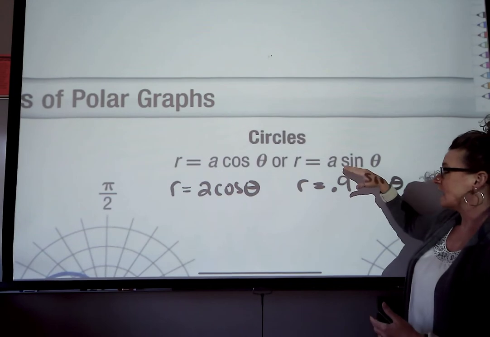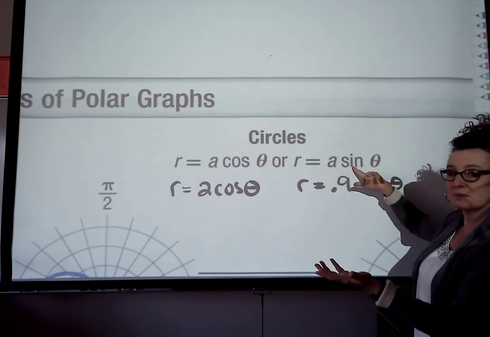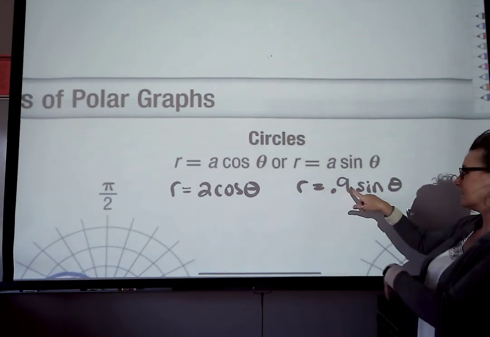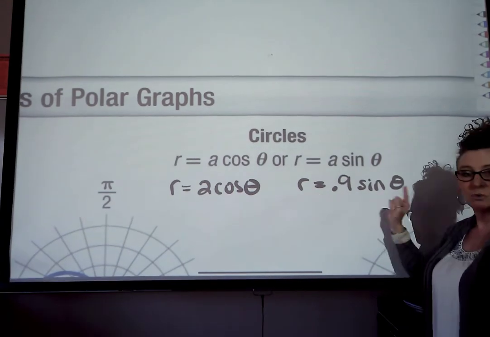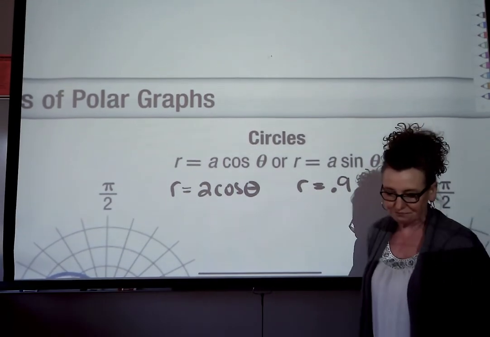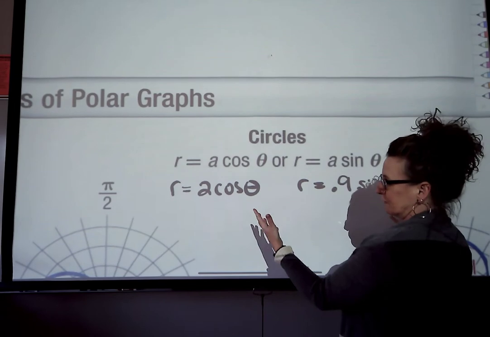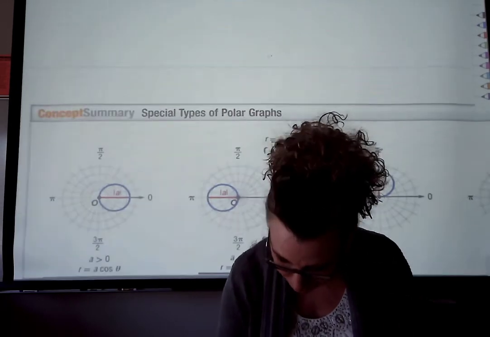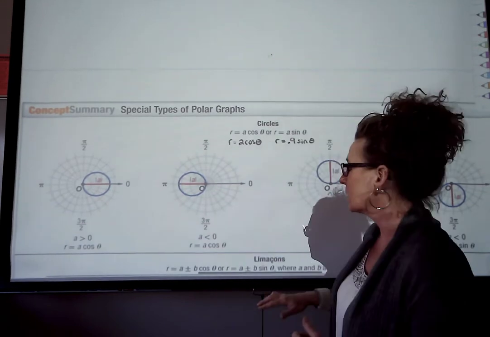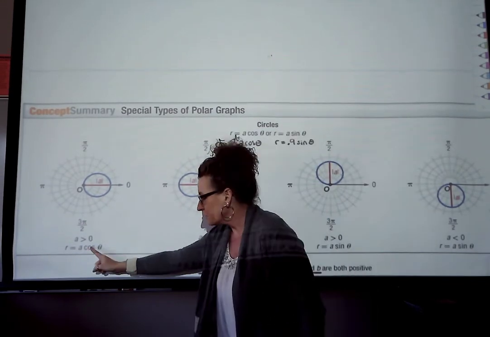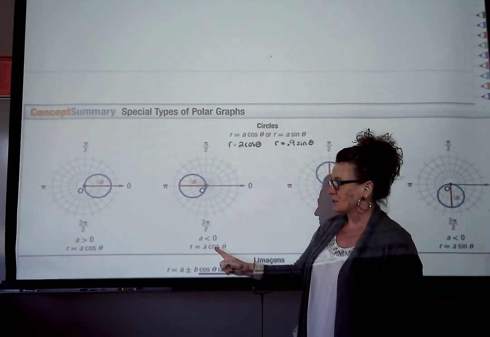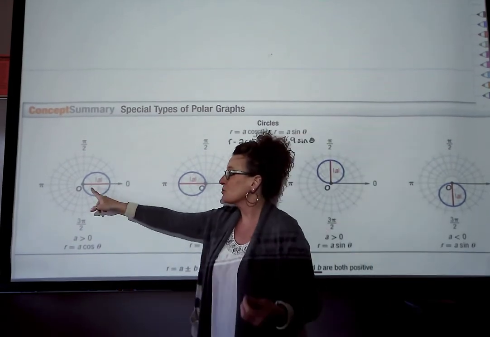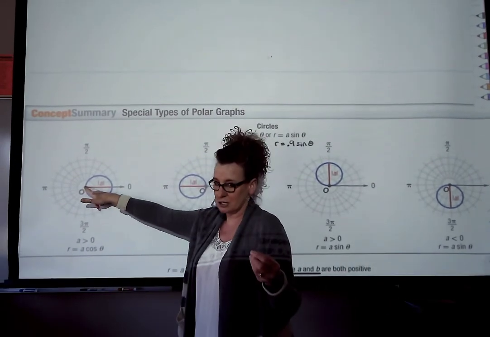Another one could also be r equals any constant times sine of theta. This would graph a circle. How are they different if one of them's sine or one of them's cosine? Well, take a look at the pictures here. If it's cosine of theta in your equation, your circle actually touches the origin.